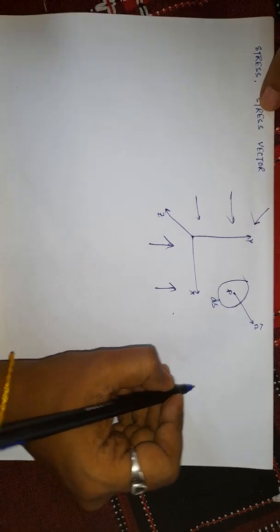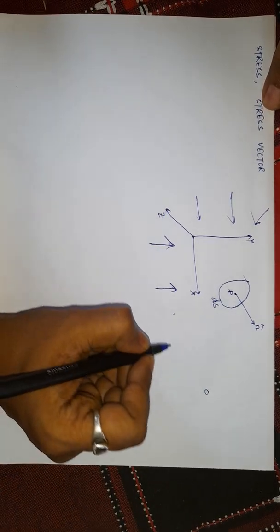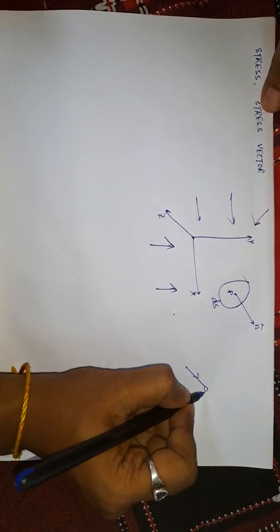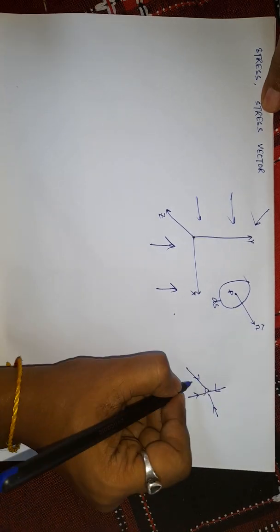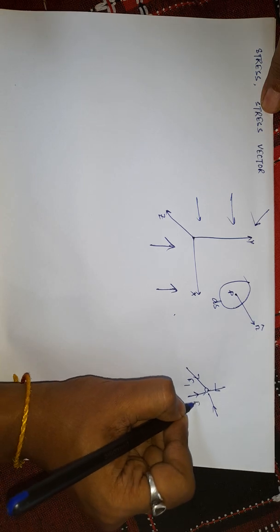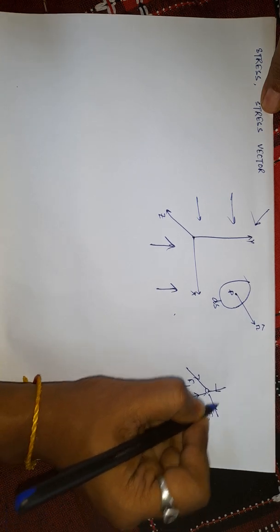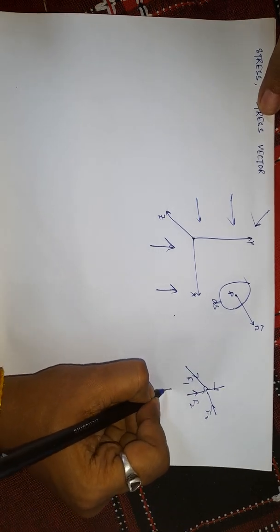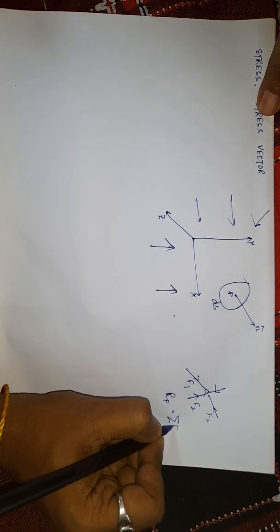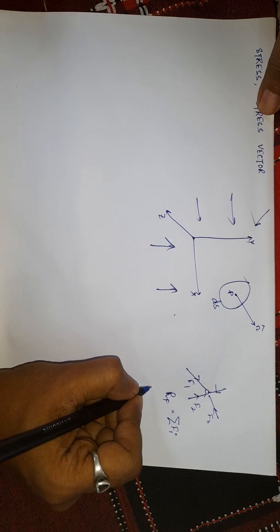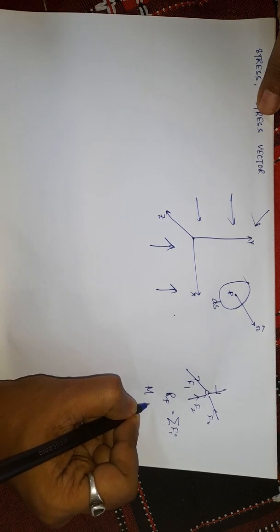So from statics, we know that suppose there is a particle, and if a number of forces F1, F2, F3, etc. act on that particular point, then there will be a resultant force, the sum of all the forces, and the resultant moment or torque.